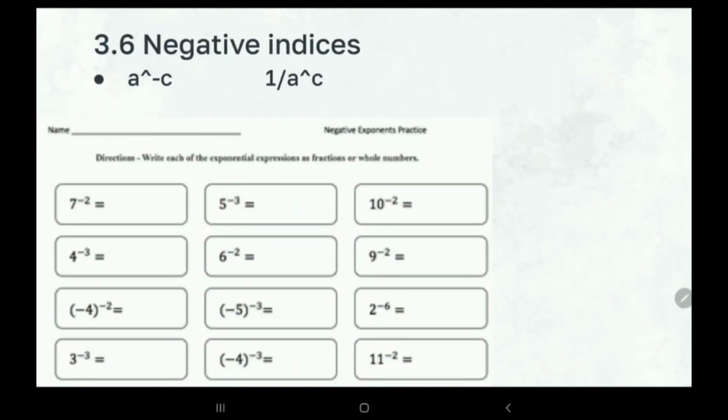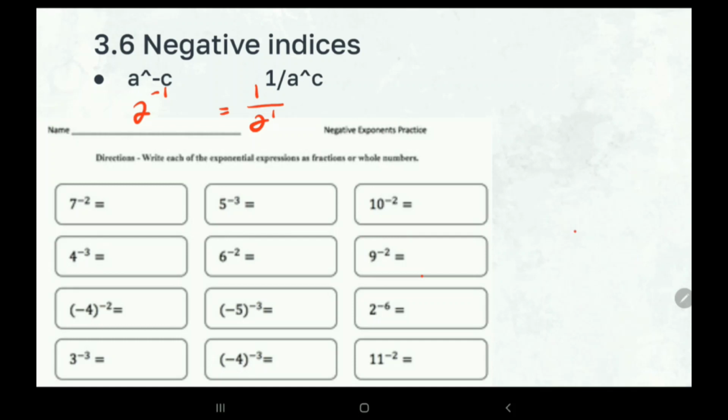So the next one is about negative indices, and basically if we have anything to the negative power or negative indices, you will write it 1 over the number. So for example, if we have, let's say, 2 to the power of negative 1, then it will be the same as 1 over 2 to the power of 1.